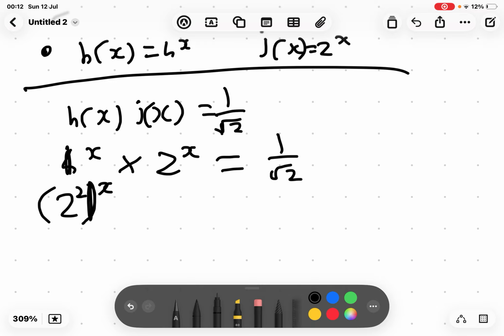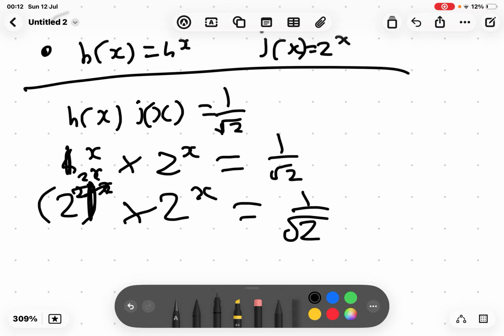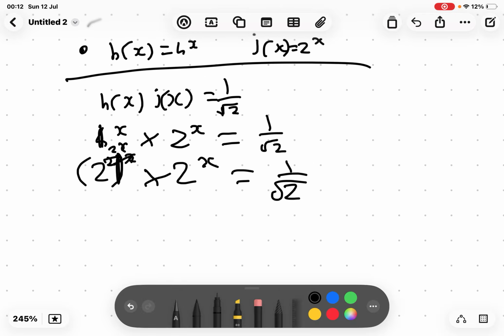So this can be 2x times 2x equals 1 over squared x. And squared is when this is equal to something. That's when it is something like this.